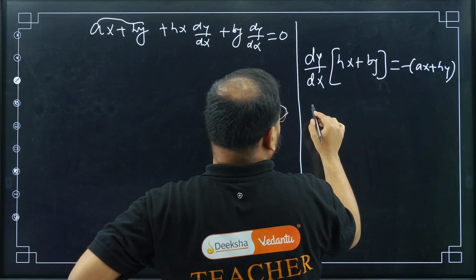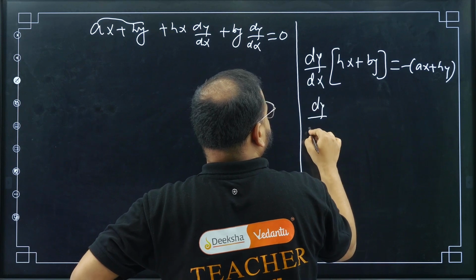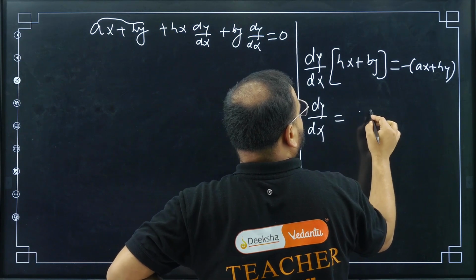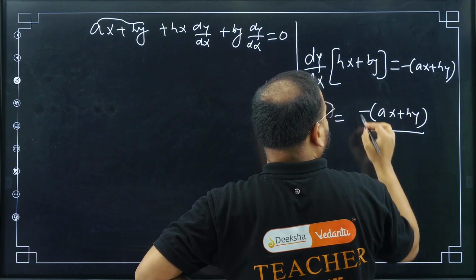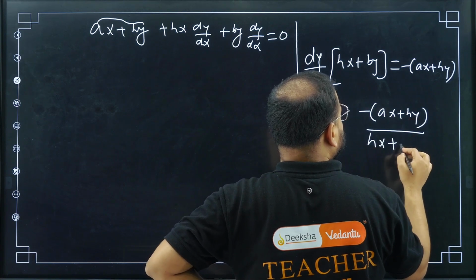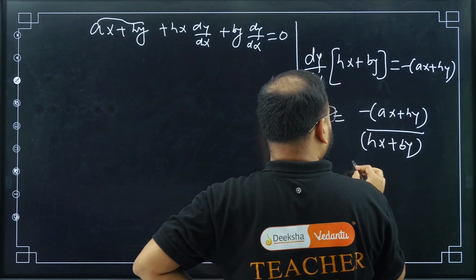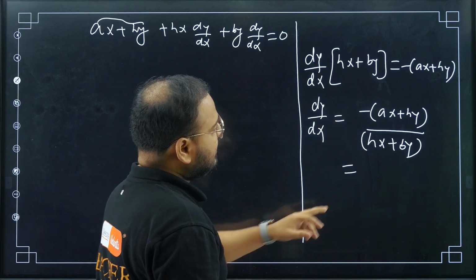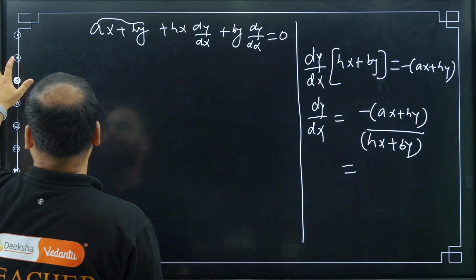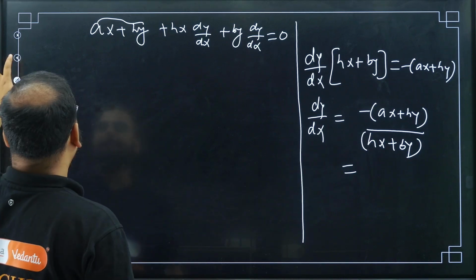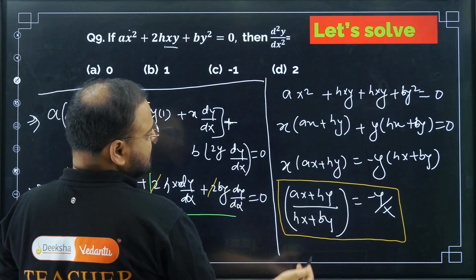I'm looking to find the value of dy by dx. I get minus of ax plus hy upon hx plus by. What is this? ax plus hy upon hx plus by.